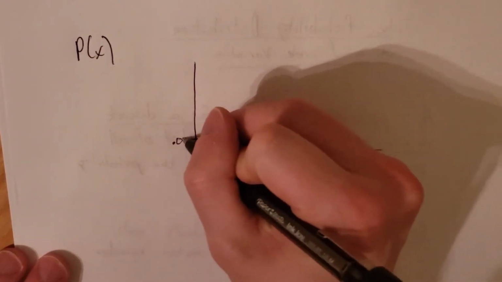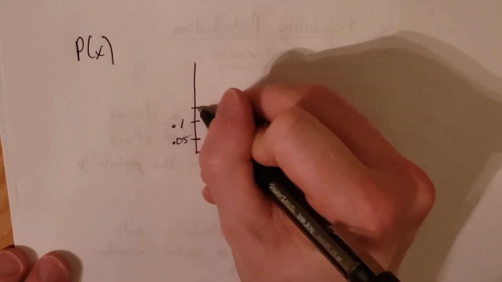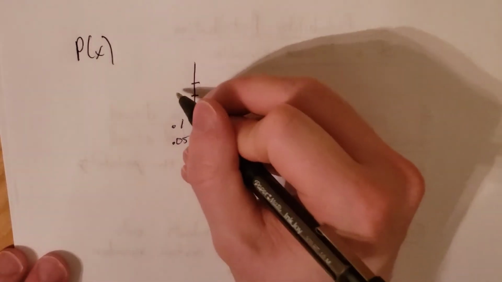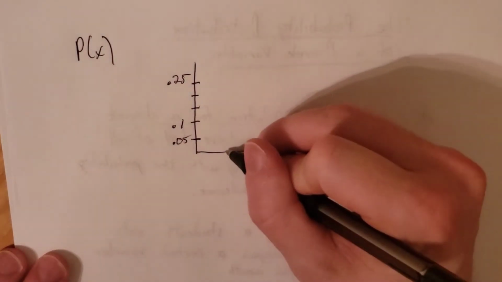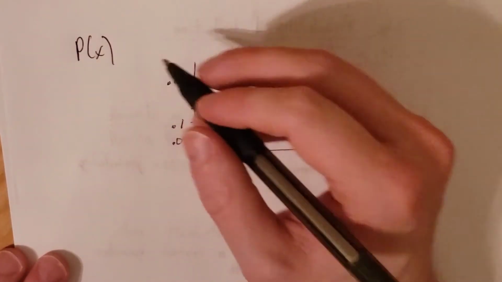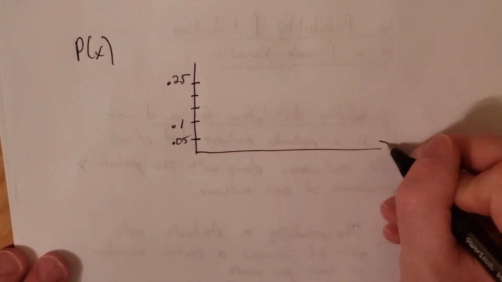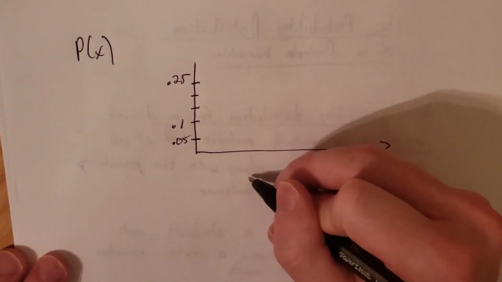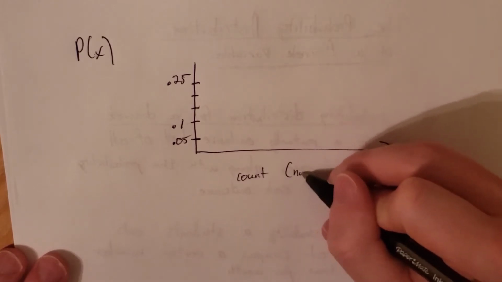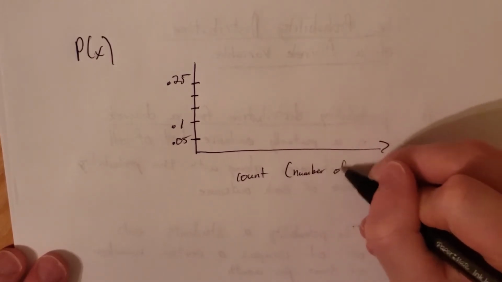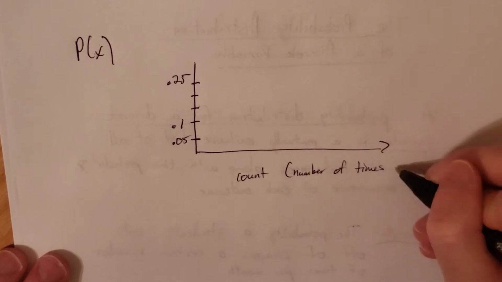So 0.05, 0.1, the highest we ever went here was 0.25. And along the x-axis, so our y-axis is our probability. Along the x-axis is the count, so the number of times eating off campus.